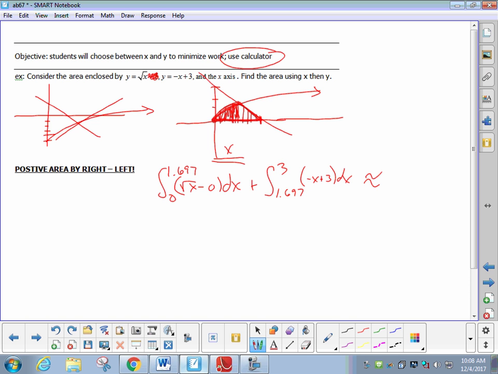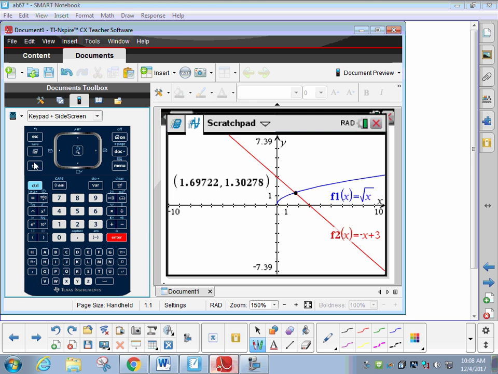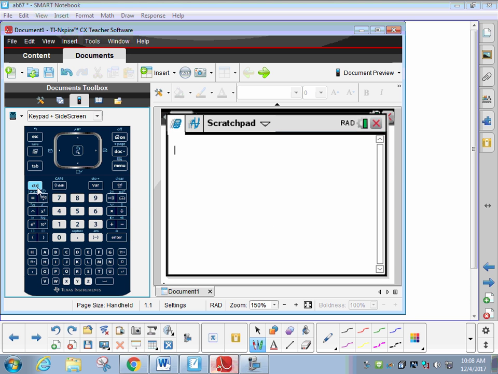And we'll verify. Certainly we should get the same answer for both approaches. The square root of x is so clean, I might as well just type it in rather than recall the functions.